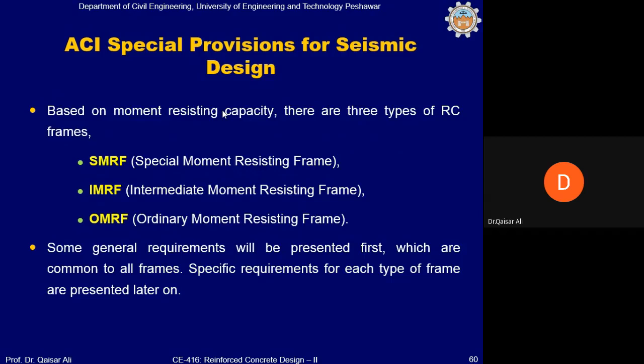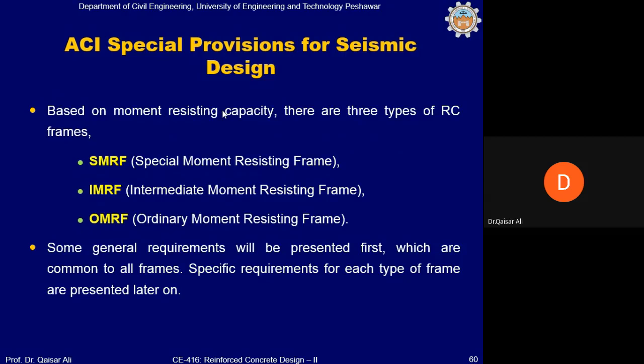You have analyzed several frames subjected to gravity load, and you know that there is positive bending moment at the midspan, negative bending moment at the ends of the beams, and whatever reinforcement is required, you place those reinforcing bars at the required location. So bending moments are there, and the frame resists the bending moments. But when we say that it is a moment resisting frame, we mean that it is a seismic moment resisting frame. Though we do not write the word seismic, it is basically seismic moment resisting frame.